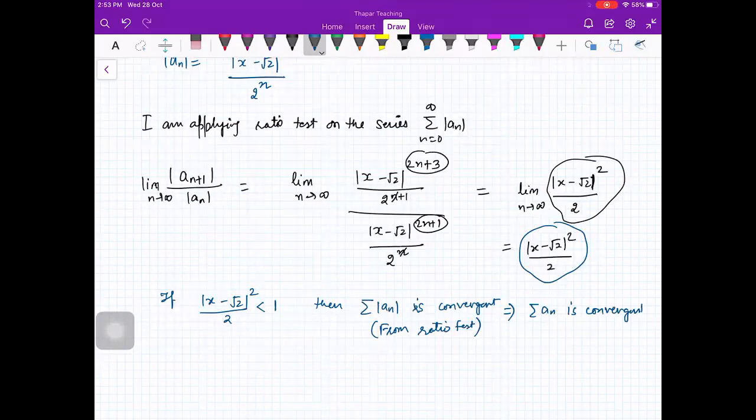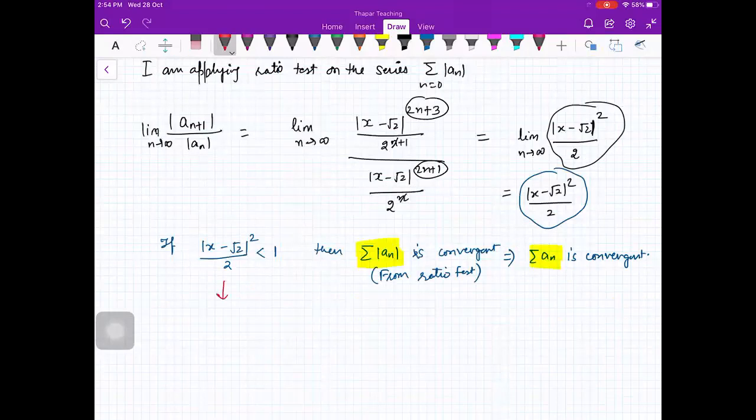So the convergence of sigma mod an implies convergence of sigma an. Now when is this true? This tells you that mod of x minus root 2 is less than root 2. So x minus root 2 is less than root 2 and greater than minus root 2.